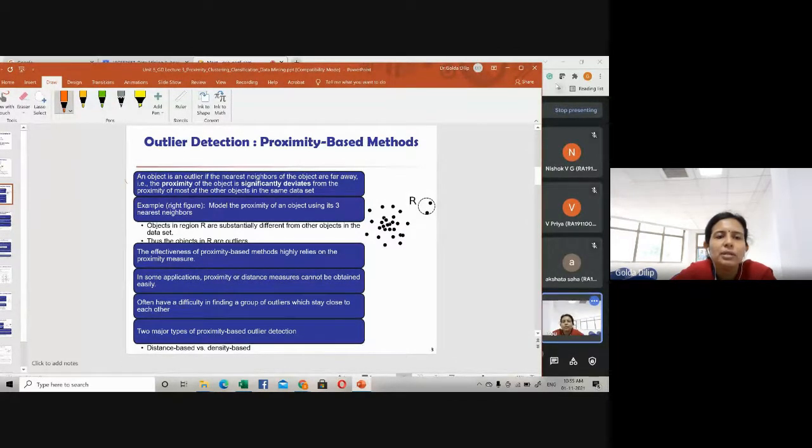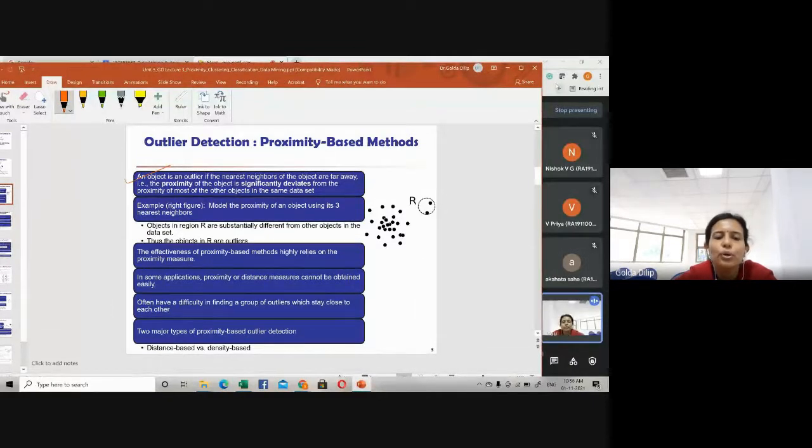So you can see here what's written. If we model the proximity of an object, that is the nearness, using its nearest neighbors, say 3 nearest neighbors, KNN.